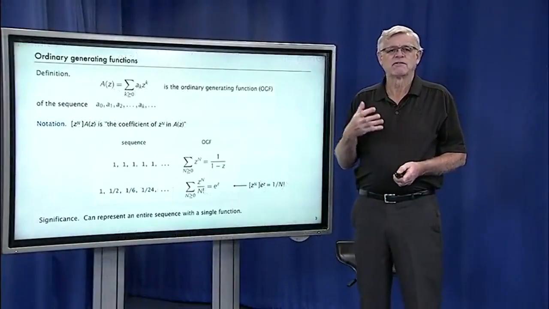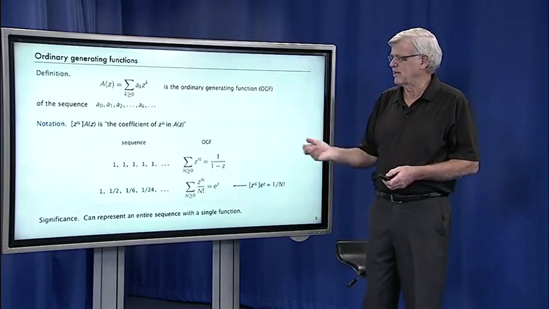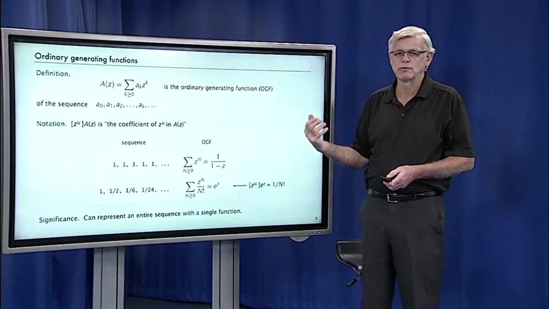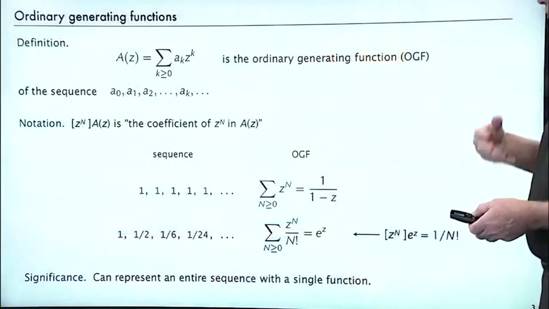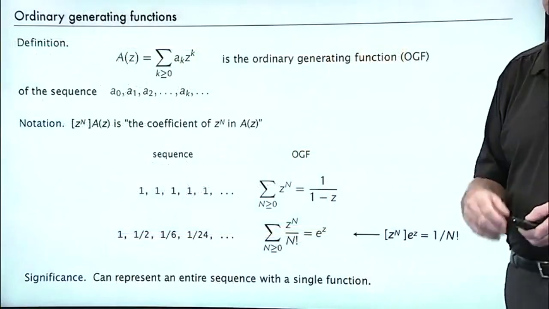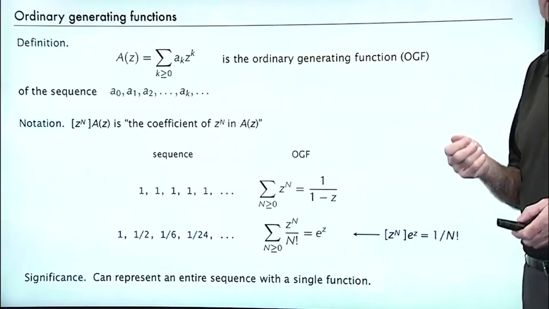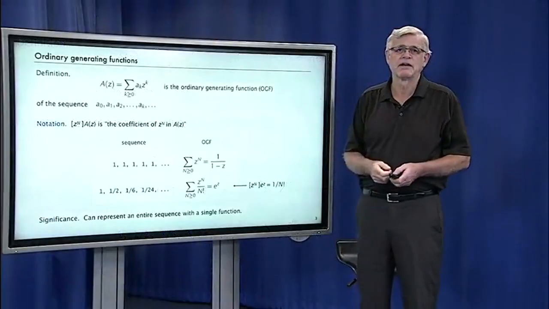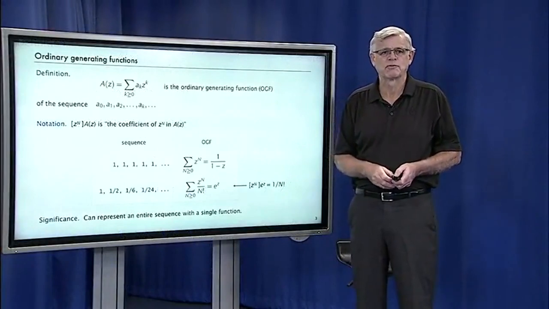Now the significance of defining a generating function is that it allows us to represent an entire infinite sequence with a single function. Rather than carrying around the infinite sequence 1/n!, we just work with the single function e^z. And that turns out to have all kinds of benefits when we're doing analysis of algorithms and studying properties of combinatorial structures.